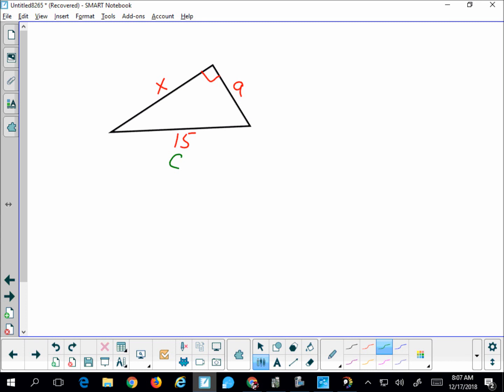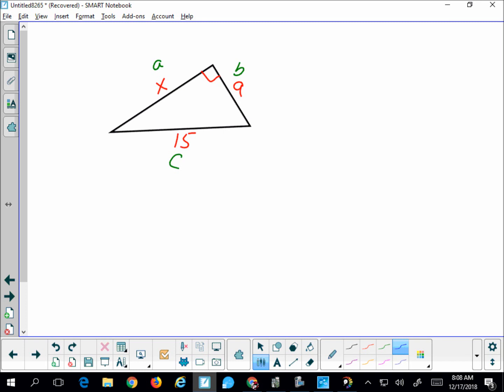So which one do you guys want to put as A? I heard x first, so let's go with A for x. Again, it doesn't matter because whenever you set them up, since your A and B are both positive and on the same side, it doesn't matter which one goes first. So then 9 is B.